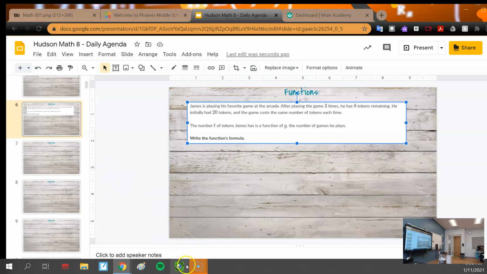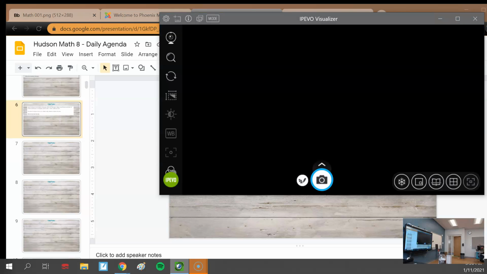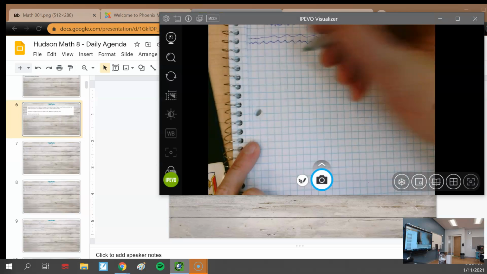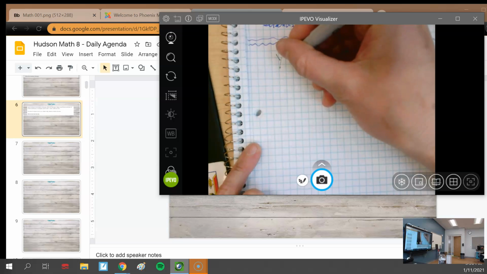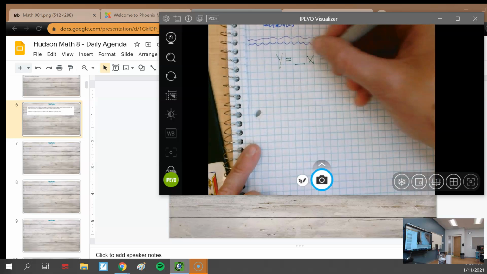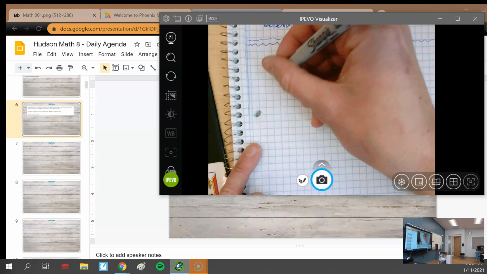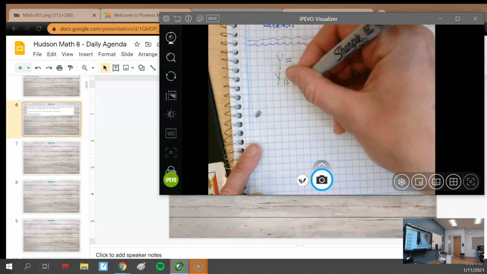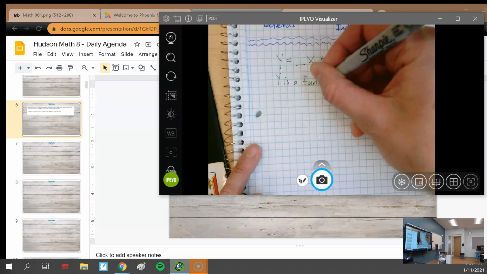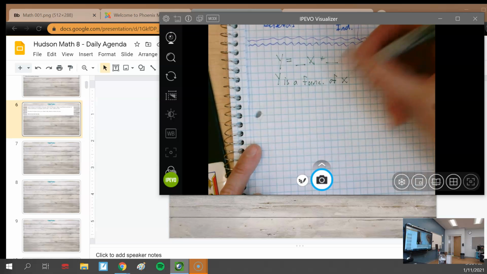One of the things that would be really helpful for you is if you jot down a note on your paper of y equals whatever times x plus whatever. This is y is a function of x.